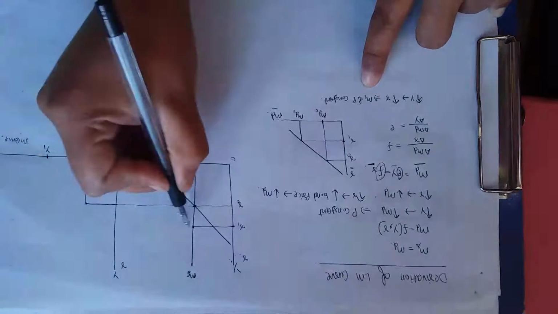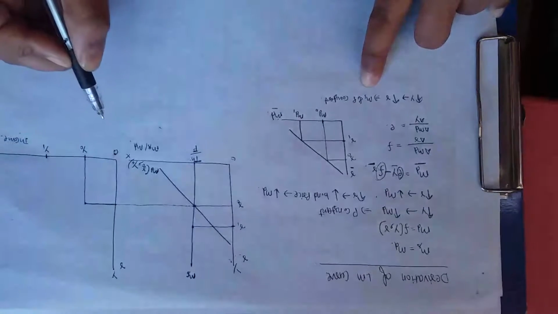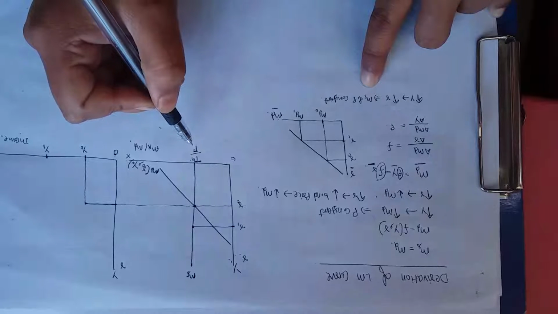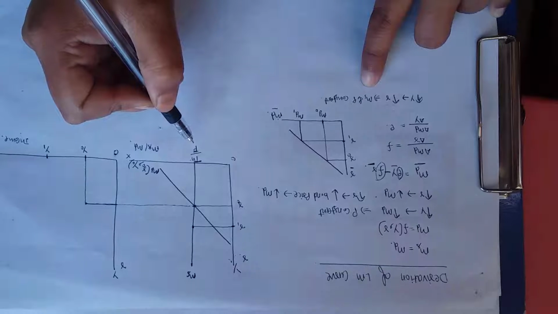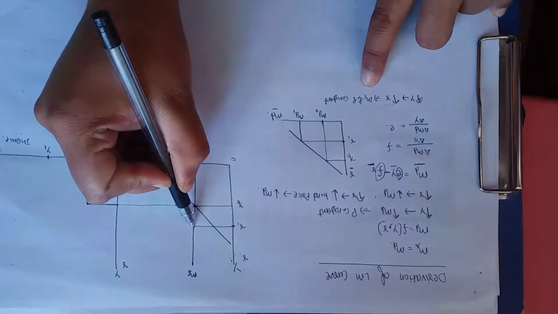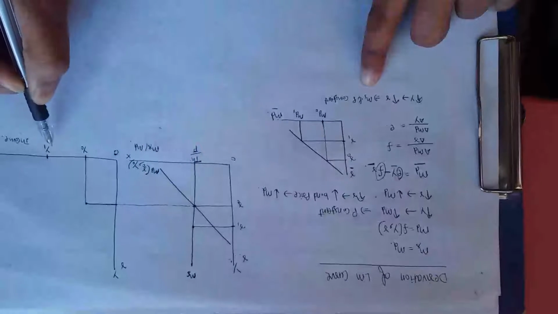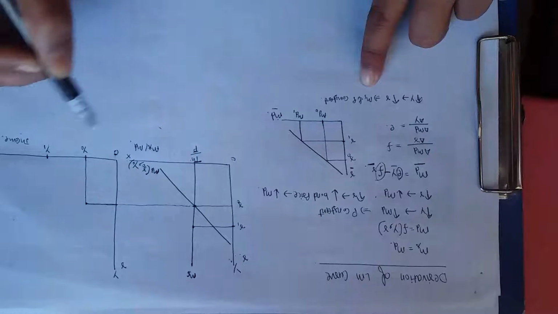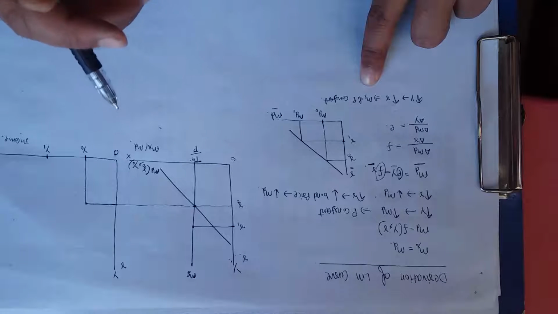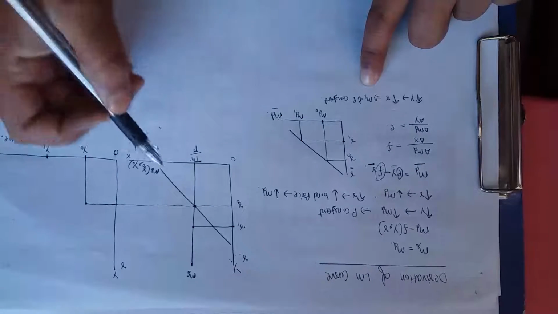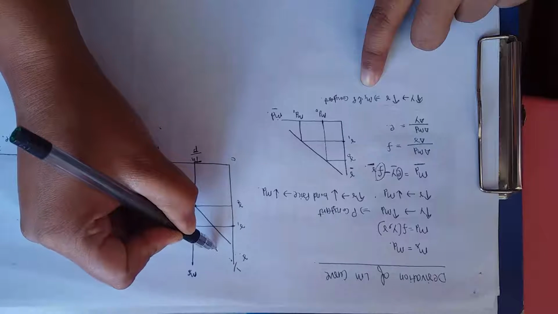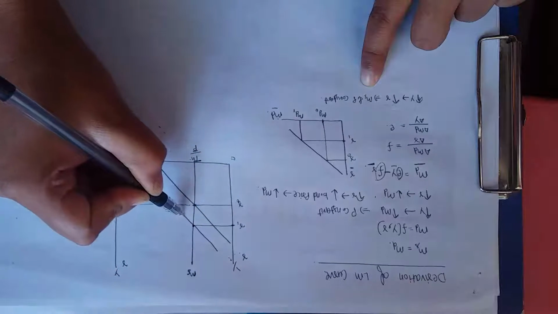Now assume only prices are constant. Money supply is not constant at this point. Then what will happen? An increase in income leads to an increase in demand for money when prices are constant but money supply is not constant, and this will lead to an increase in demand for money.